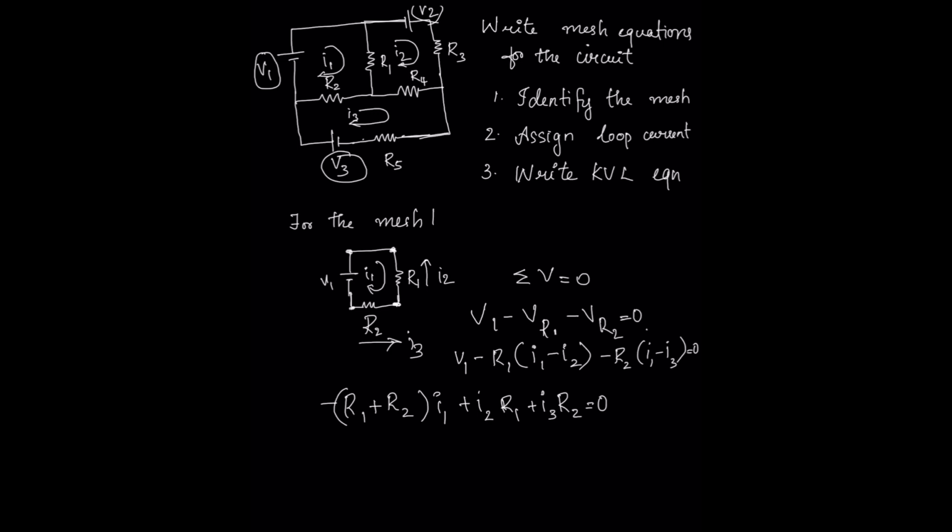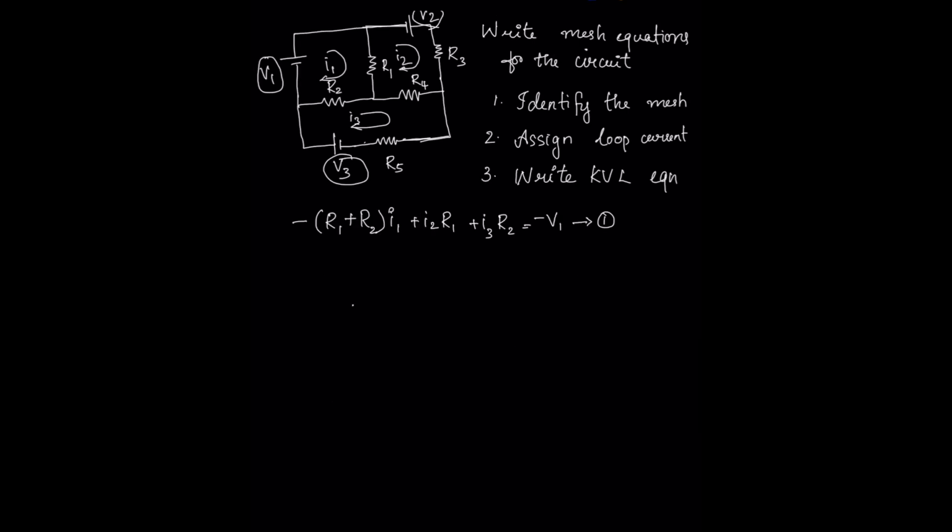Not 0, we have a voltage source, so we can write it as equal to minus V1. So we got an I1 term, I2 term and I3 term in the equation. So this is our first equation.